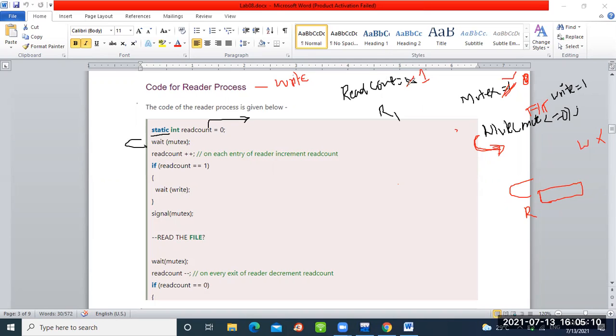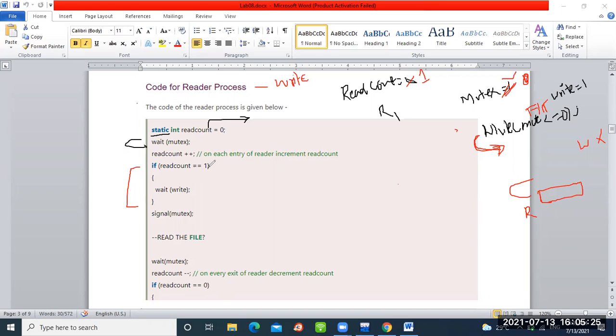When a reader comes, the mutex value is made 0 and the read count is increased, which means one reader is inside. This is a very vital condition here.